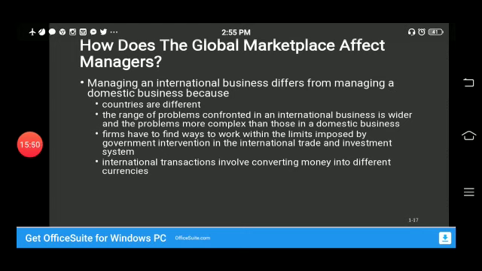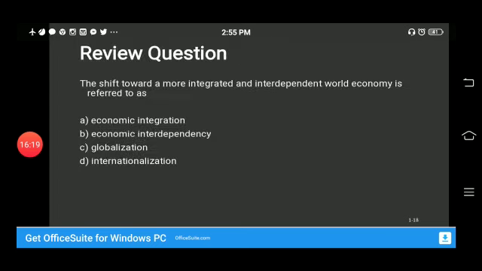Second, the range of problems faced by the manager is greater and more complex. Third, government intervention in markets creates limitations for companies, as does the global trading system. And finally, firms must deal with exchange rate changes when they conduct international transactions that require converting funds to other currencies.